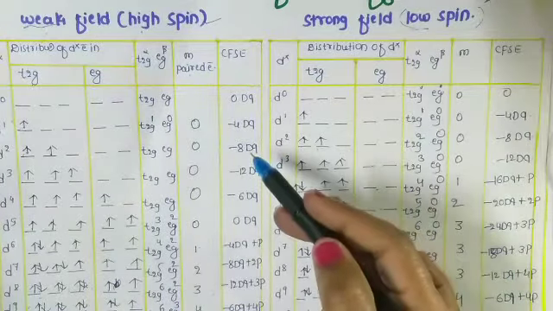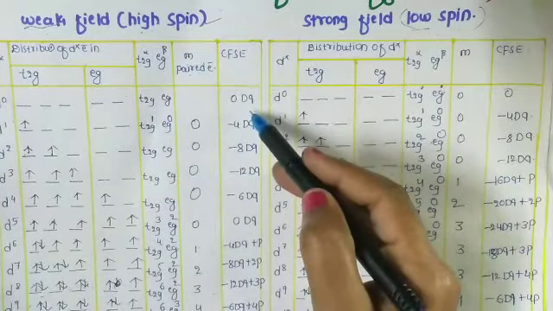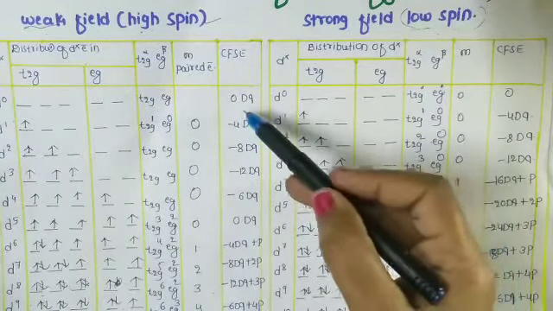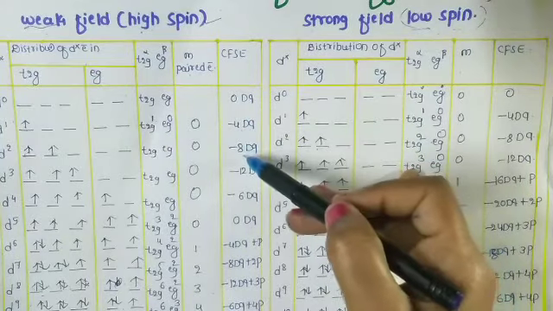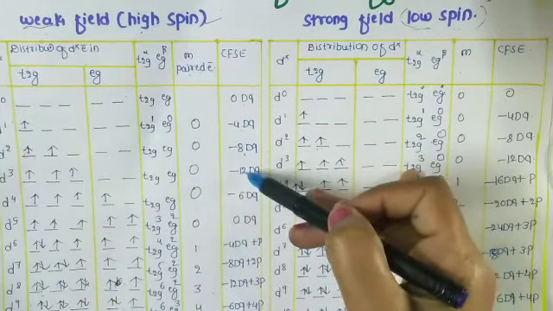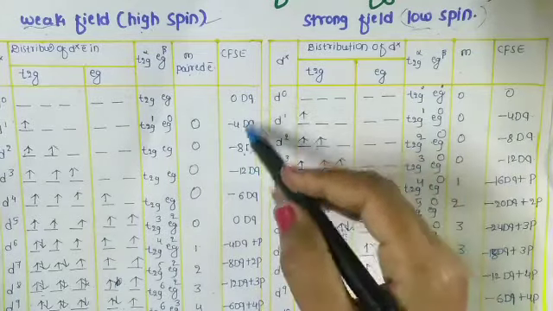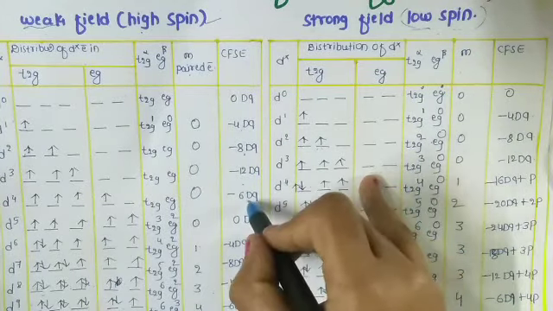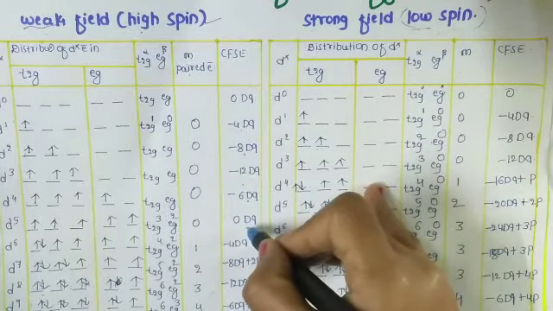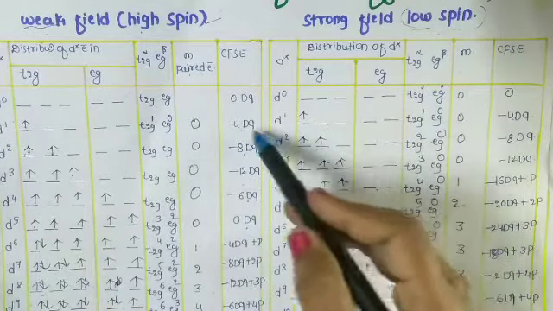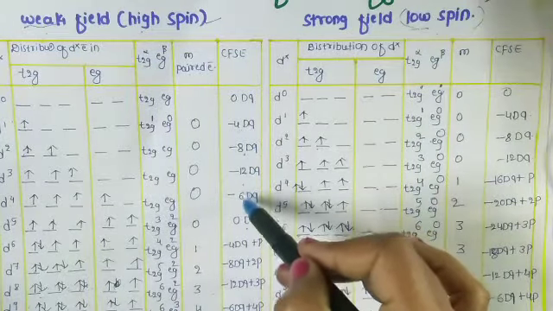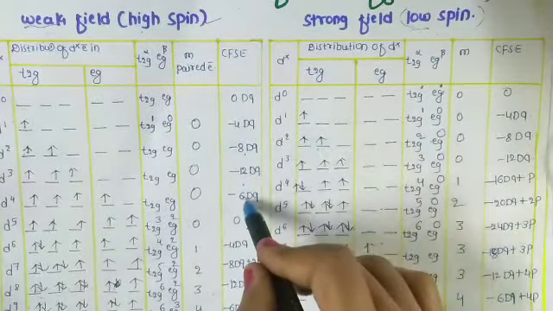Here I will provide one easy hint to remember all these CFSE values, that is the crystal field stabilization energy values. What is here? First one 0, 4, plus 4 is 8, plus 4 is 12. Then again 12 is there, then again 6, then again 0. Okay, 4, 8, 12, and then here minus 6, that is 12 minus 6 is 6.